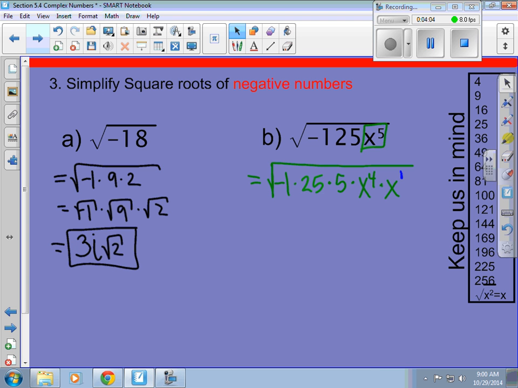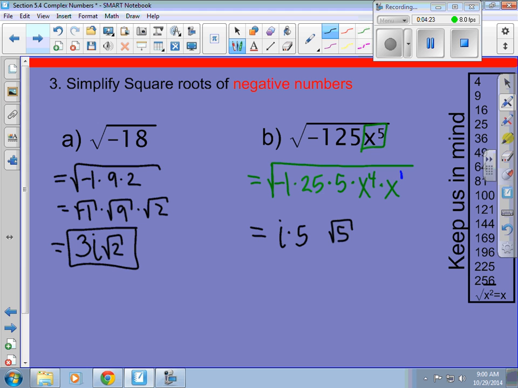So then I simplify. I have the square root of negative 1, which will give me i, times the square root of 25, which is 5, times the square root of 5, which is not a perfect square, so I just leave that as the square root of 5, times the square root of x to the 4th.